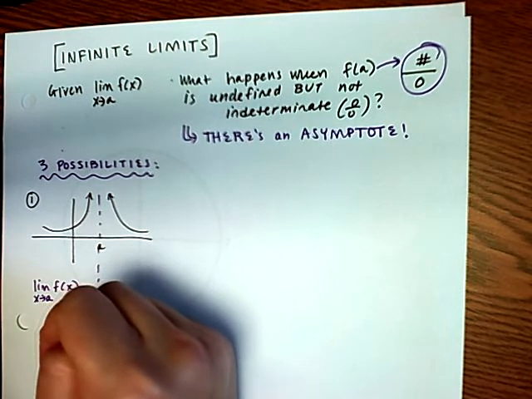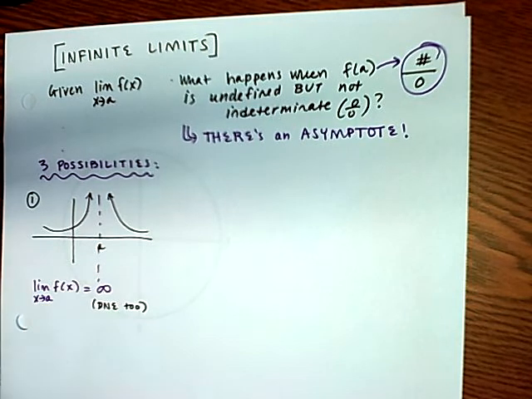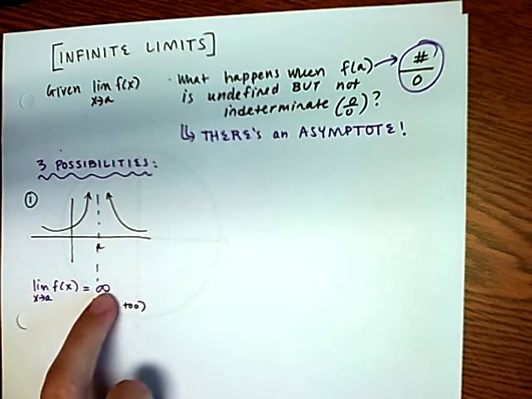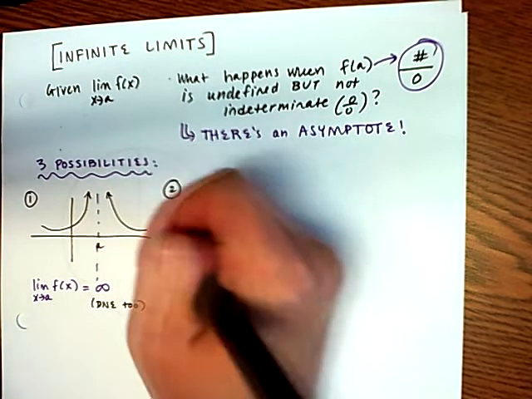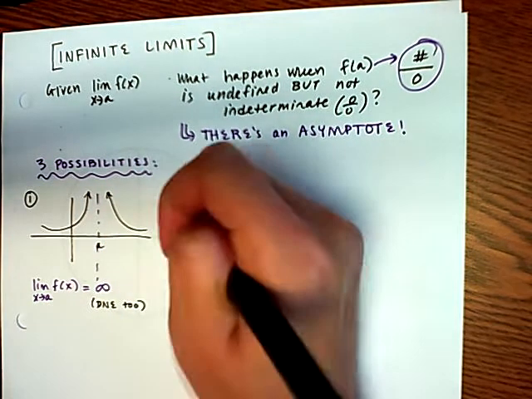And for our purposes, when we're doing these infinite limits, we're going to call it infinity if both sides are pointing up. The second situation would be both sides pointing down.